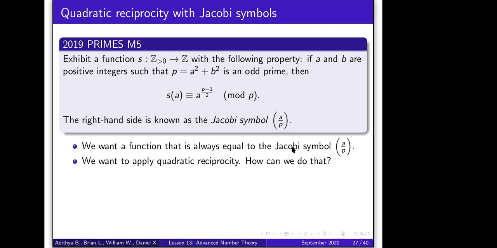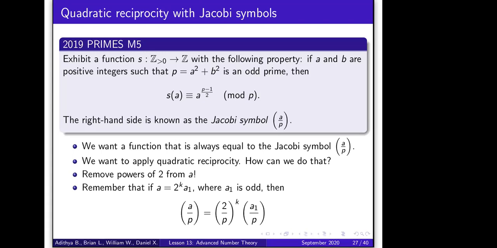Yeah, so since this is multiplicative, we can always remove powers of 2 from A. By that, I mean if 2 to the k is the maximum power of 2 that divides A, and A is equal to 2 to the k times A1, then A over P is equal to 2 over P to the k times A1 over P.